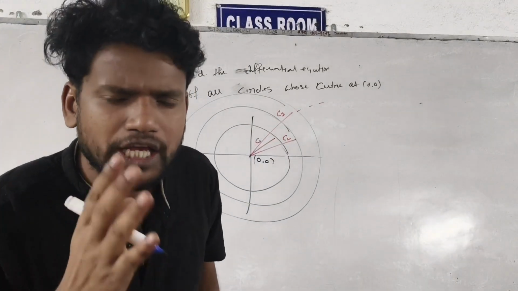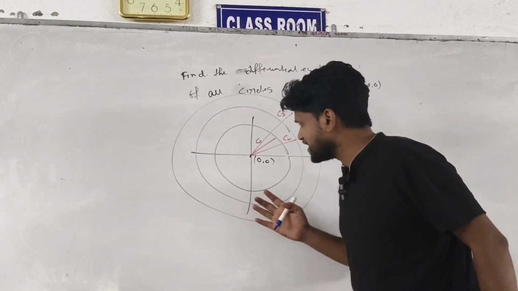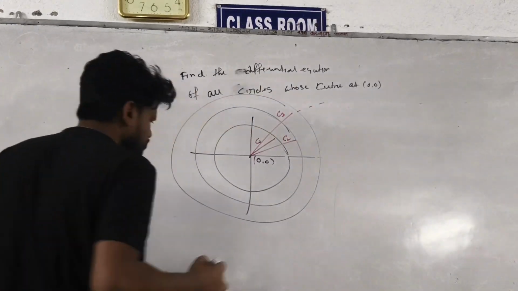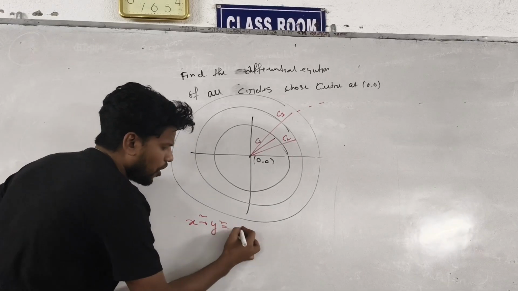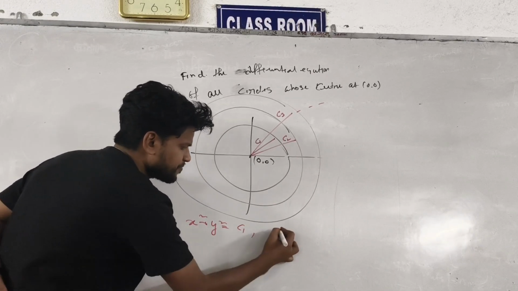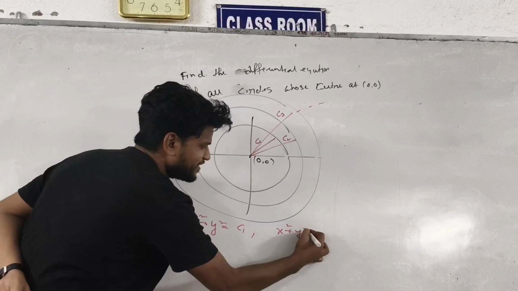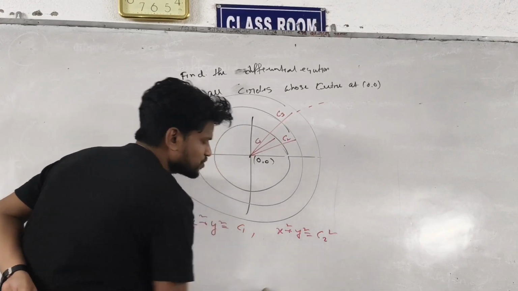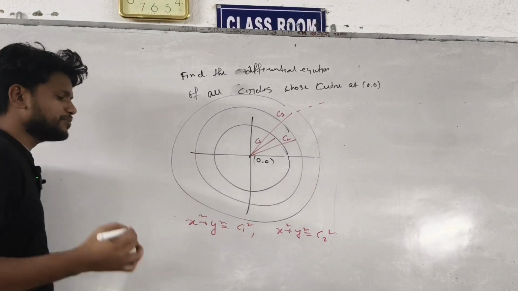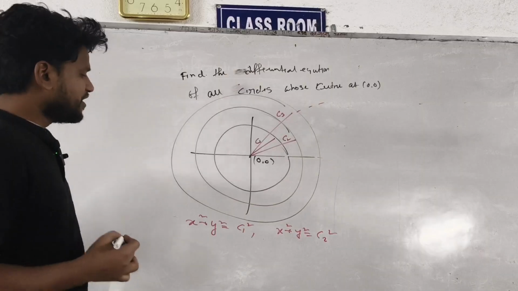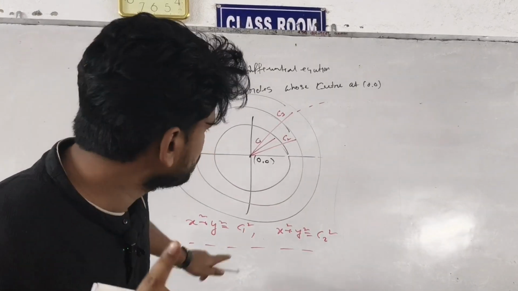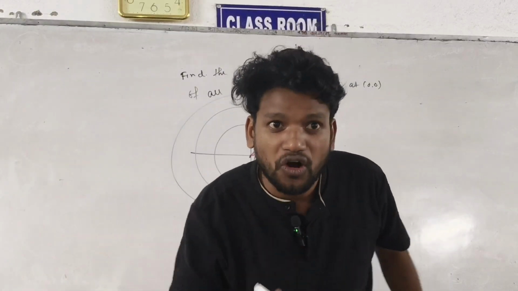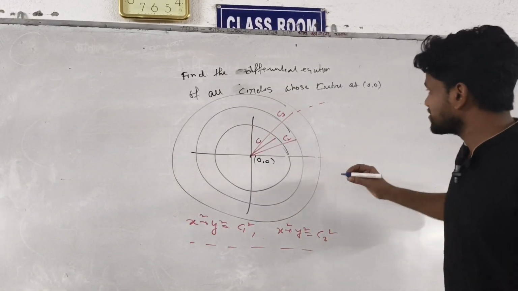You can draw a lot of circles. What is the Cartesian form? x square plus y square equals c1 square, and so on. I'm sorry for that. There are so many circles we can draw here.